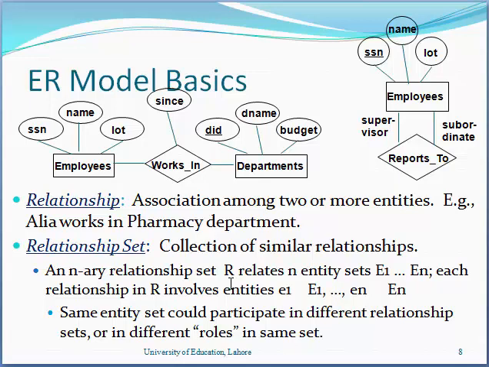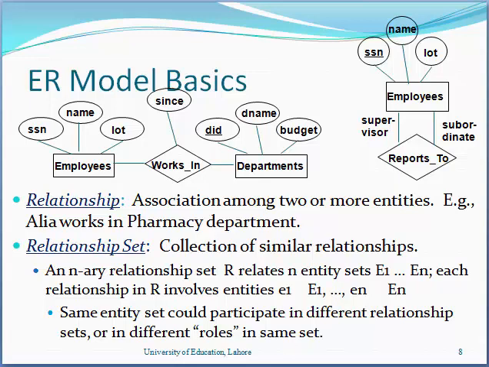Suppose a relationship exists between supplier and part. The relationship is total if every part is supplied by a supplier. The relationship is partial if it is possible that certain parts are available without a supplier. So you can say this is a relationship set.